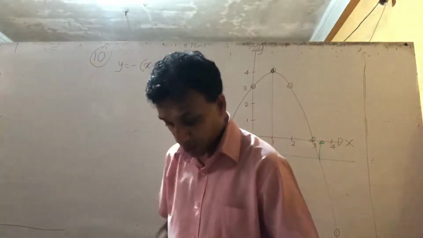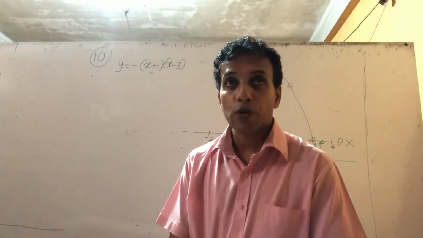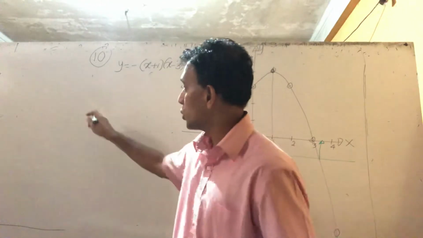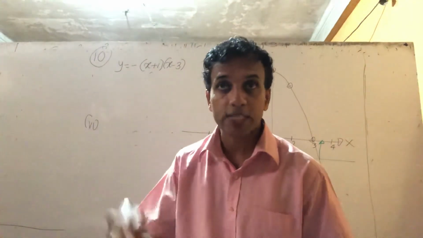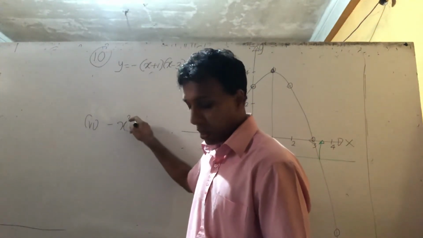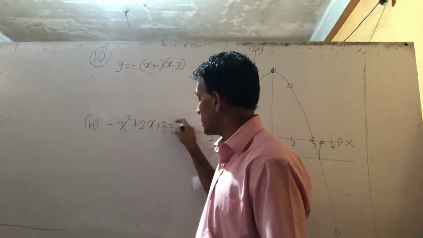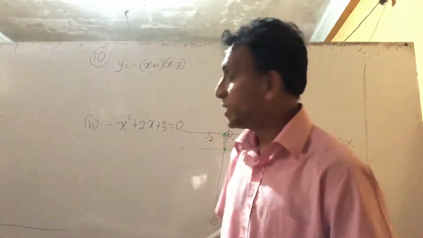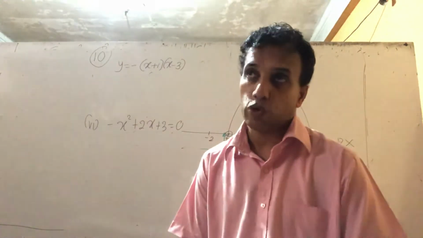So write down the roots of the equation minus x square plus 2x plus 3 equals 0.